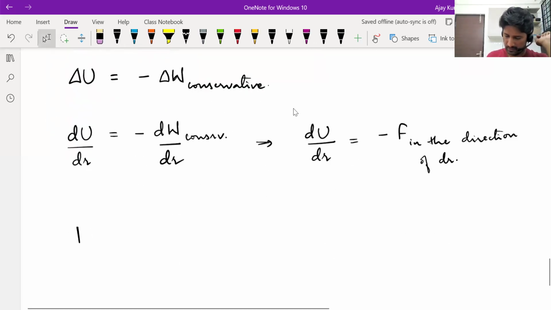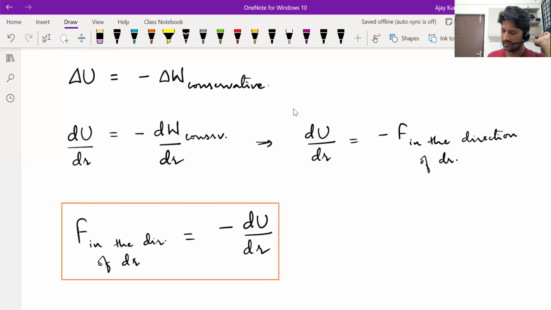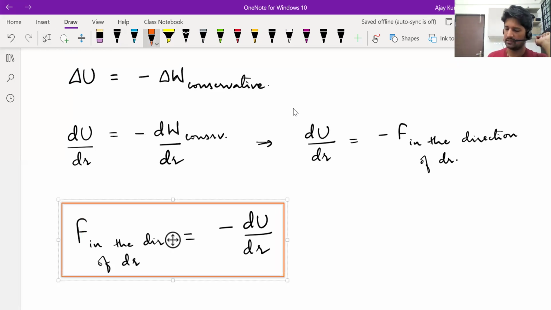I'll write it this way. Force, okay, I have to mention in the direction of dr because this is not the net force. Force in the direction of dr is equal to minus dU by dr. This is a very useful relation. Basically, this equation relates force to potential energy.